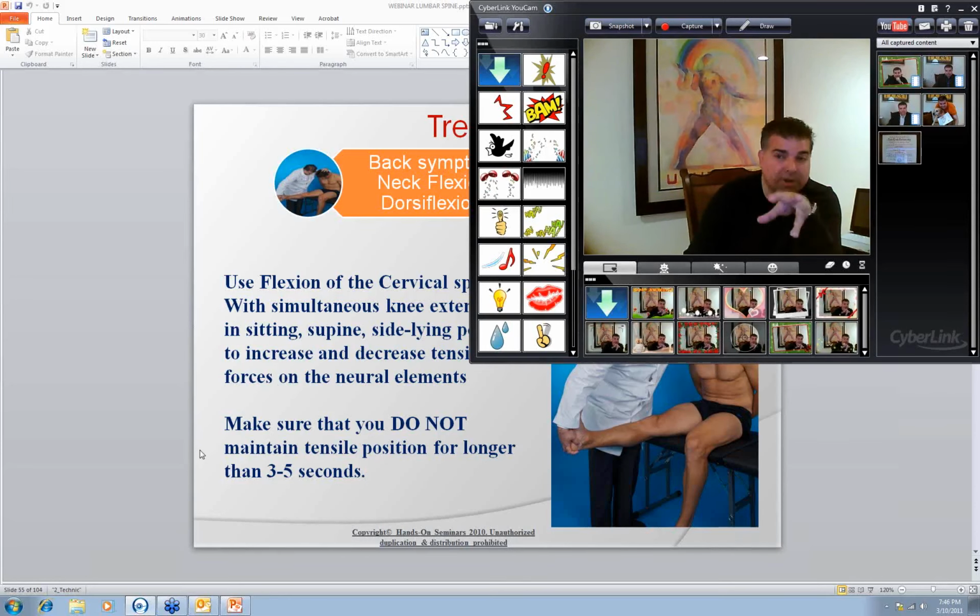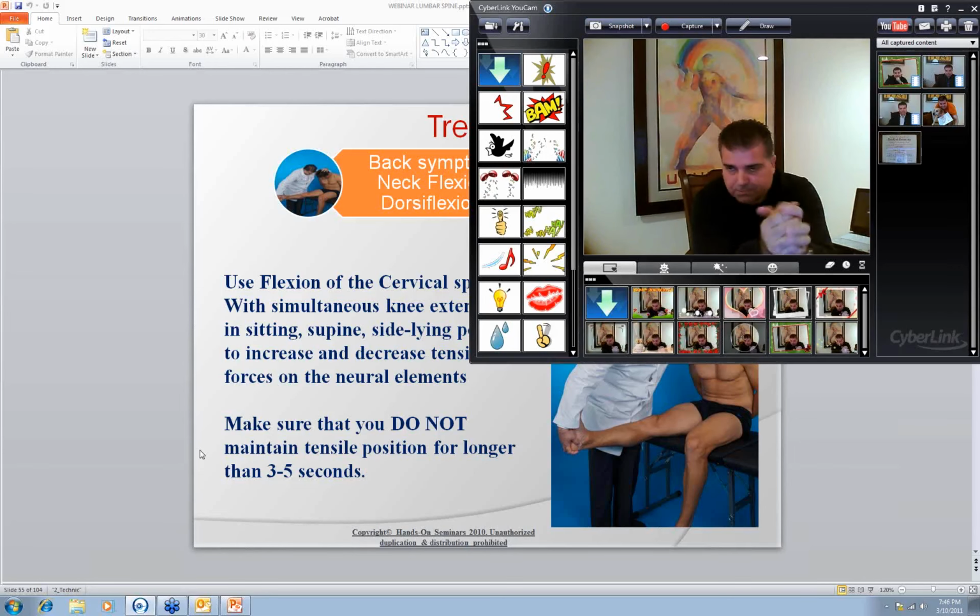Now, in terms of compression, which is very difficult to treat, compression is the result in most cases of spinal stenosis or a space-occupying lesion, a tumor maybe.